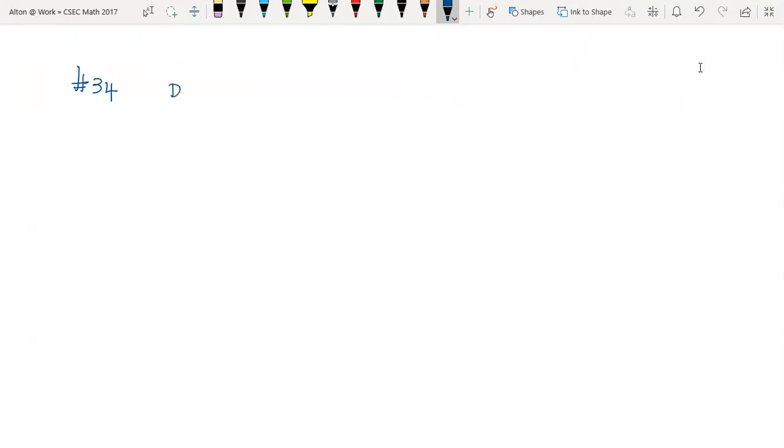So the distance is 80 kilometers, and the time taken to cover that distance is 2.5 hours. So let's write that as 5 over 2, 5 divided by 2.